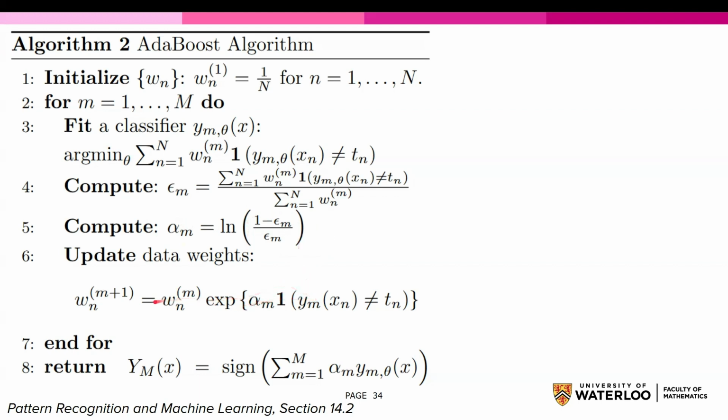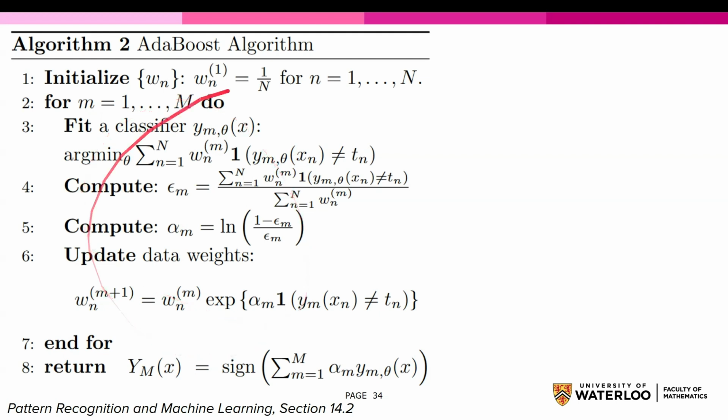And then last but not least, the weights for the data points are updated based on how well the current classifier performed. Points that were misclassified get their weights increased, ensuring that they receive more attention in the next iteration. In this way, each new classifier focuses more on the difficult points that previous classifiers struggled with.